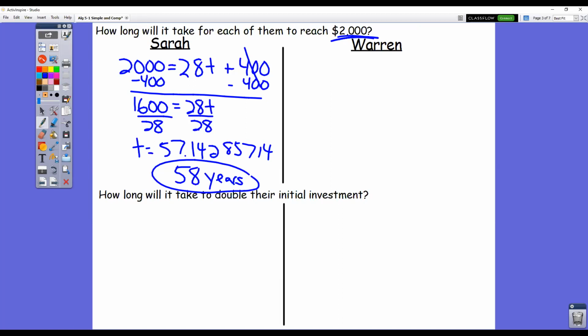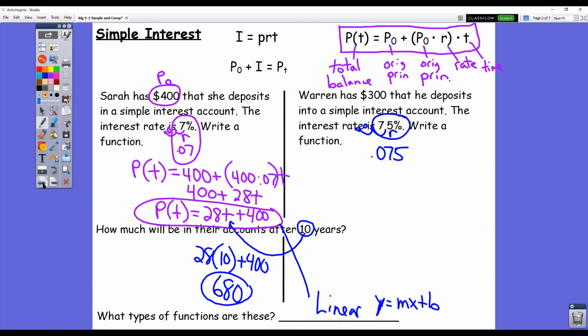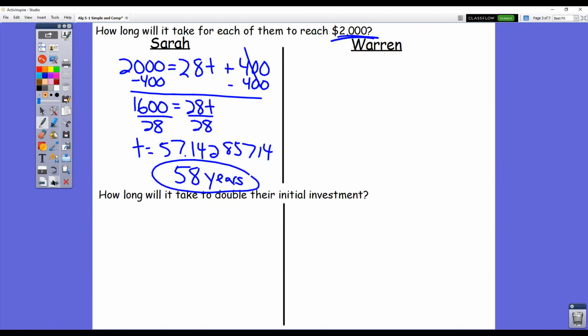How long would it take her to double her investment? So she initially invested $400. So double her investment would be $800. So again, you would take 800 and sub it into that function equation. So 800 equals 28t plus 400.